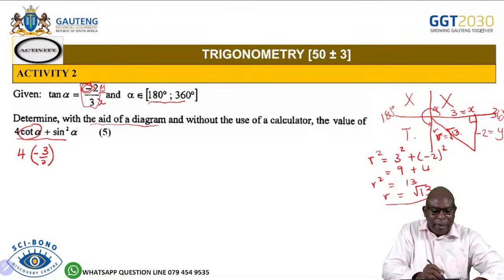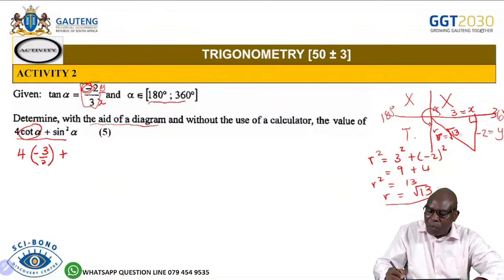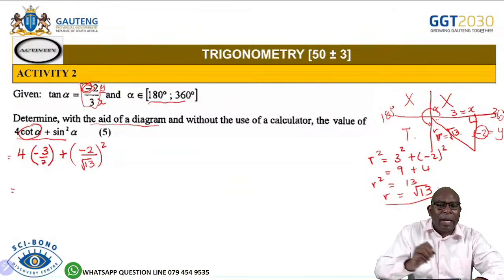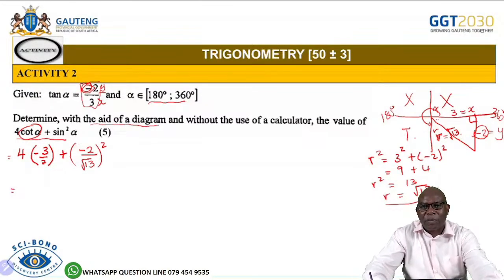Right? For sine, I'm going to my sketch. The sine of the angle here is opposite over hypotenuse. So my opposite side is negative 2. My hypotenuse is the square root of 13, and I square it. From here, I can use a calculator.